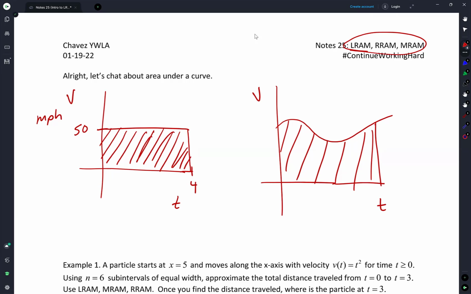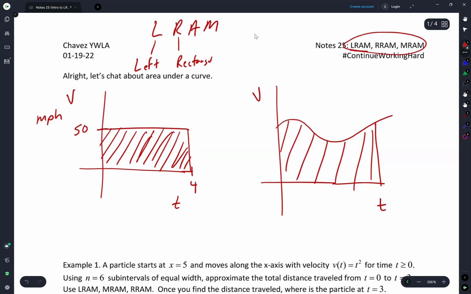Let me tell you what each letter stands for. LRAM. The L stands for left. The R stands for rectangular. The A stands for approximation. And the M stands for method. Left, rectangular, approximation, method.